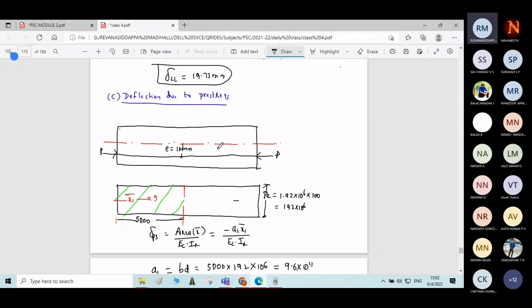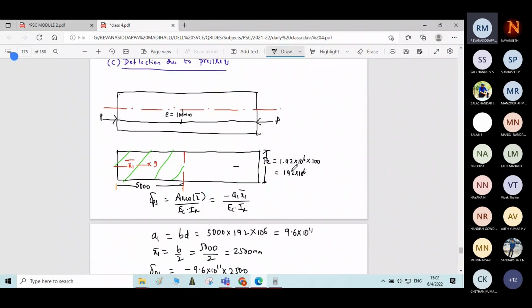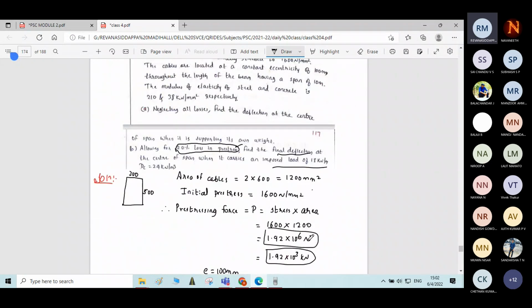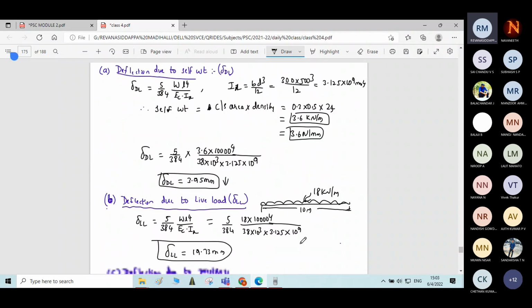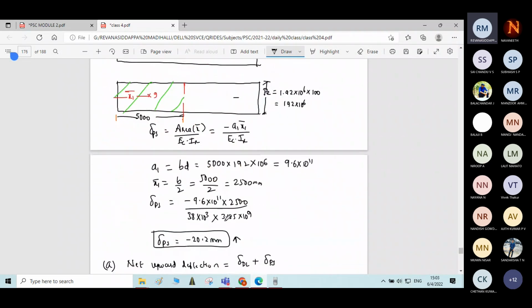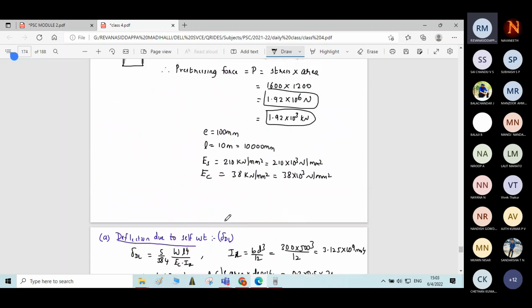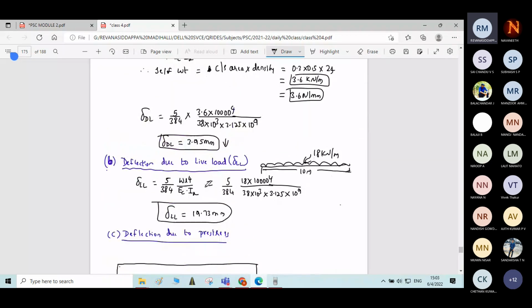This prestressing force P value, how much is it? 1.92 into 10 power 6. We need to reduce this value by 20% and for that prestressing force calculate the deflection due to prestress. And we have to calculate deflection due to live load, that we have already calculated.